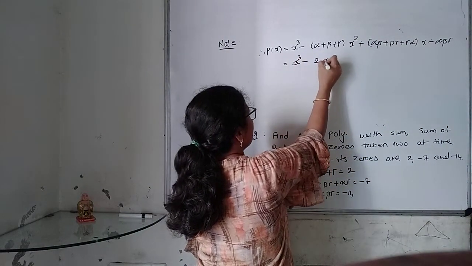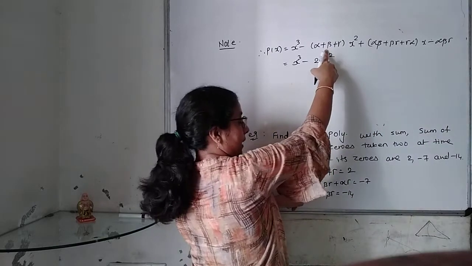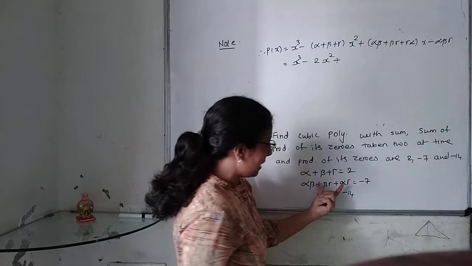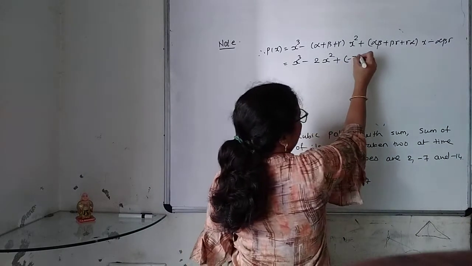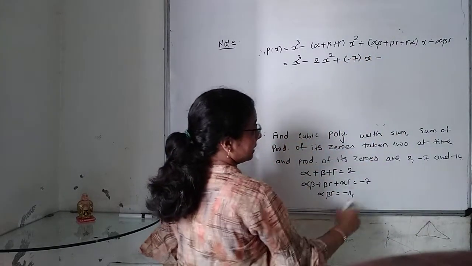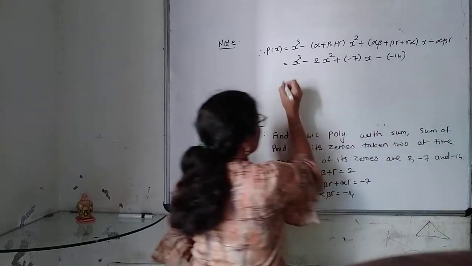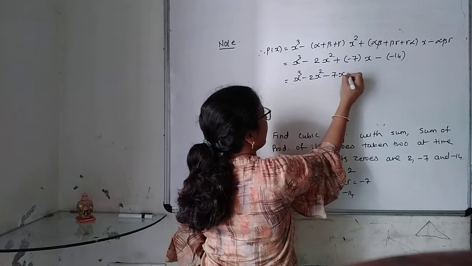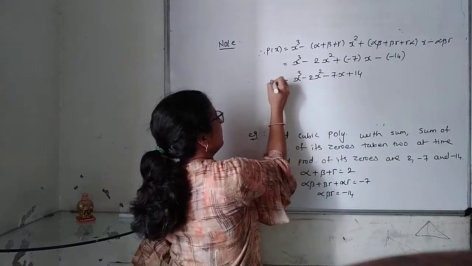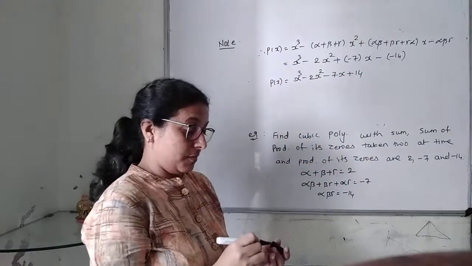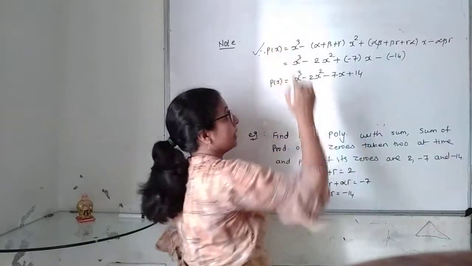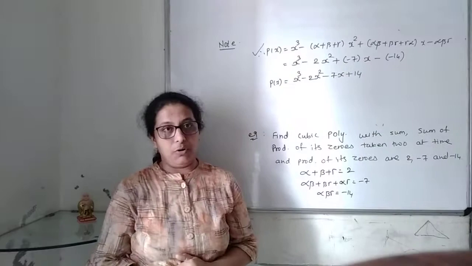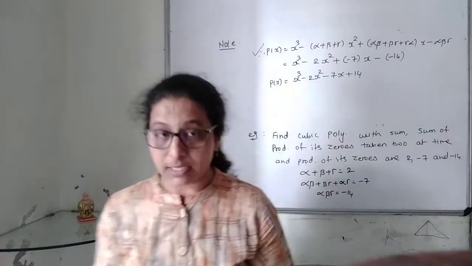So minus 2x square. यहाँ पे हमने 2 वैल्यू रखी, plus alpha beta, beta gamma and gamma alpha is minus 7x and product is minus 40. So our polynomial will be x cube minus 2x square minus 7x plus 40. This is our cubic polynomial. So this formula you have to write for the cubic polynomial and quadratic polynomial. Here is the end of the session.